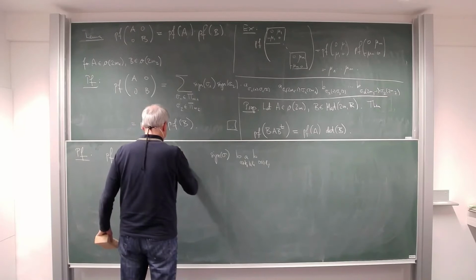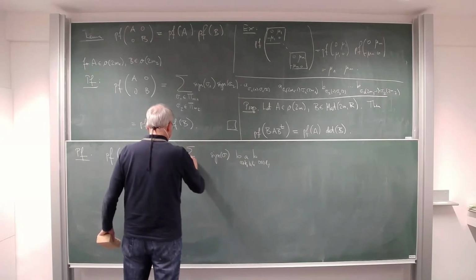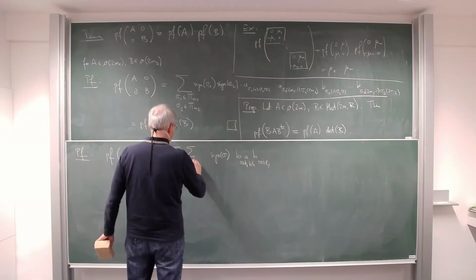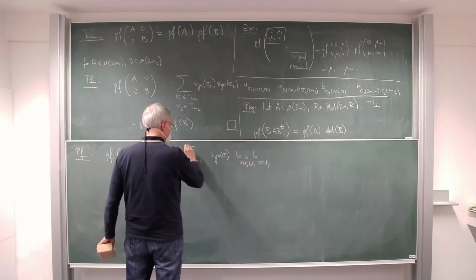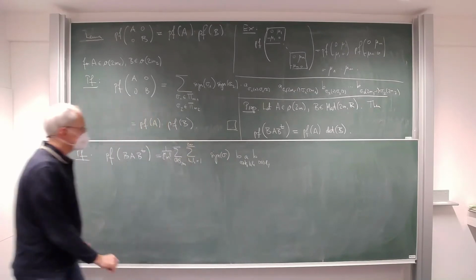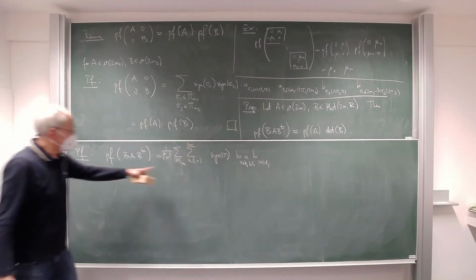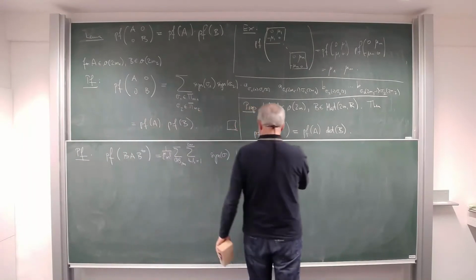Sum over all permutations, sum over K1 and L1 from 1 to N. So that's the first term, and similarly for the other terms.